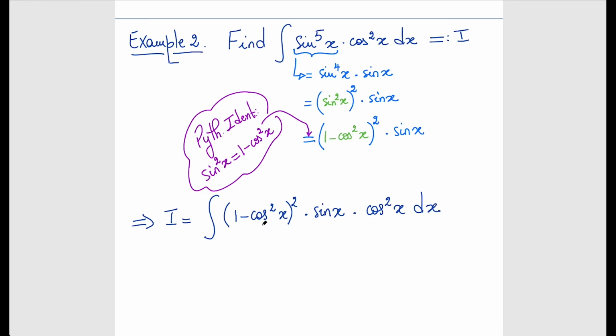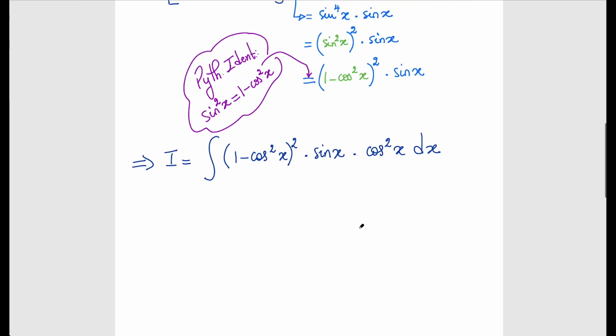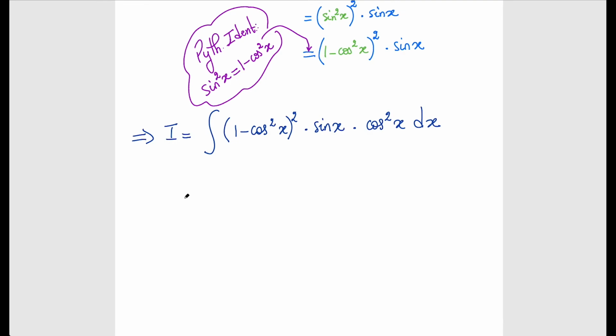And as I said, now you can label cosine x as u, and the du becomes something that has to do with sine x dx. Okay, so let's be specific. If you introduce the letter u to be cosine x, this entails that du is minus sine x dx.